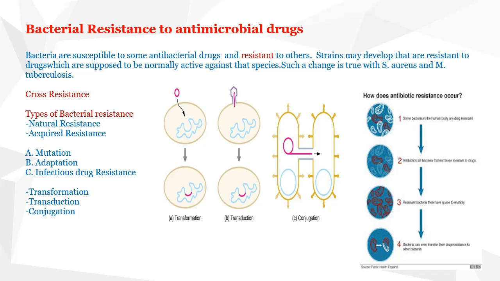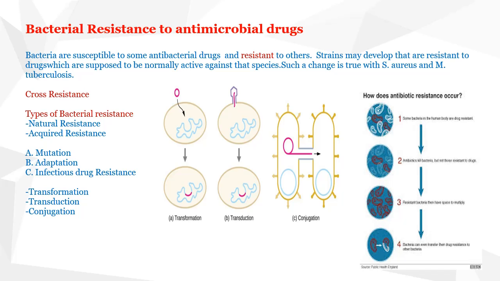There is another term called cross resistance. This is a term applied to the phenomenon in which bacteria resistant to one drug are found to be resistant to a second drug without having been exposed to the latter.